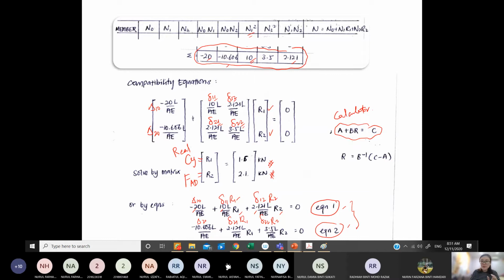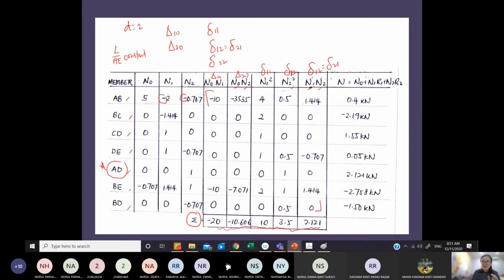Of course, here I show you an equation where you can get your axial force directly without using the method of joints. How do you do that? You need the information of the solved R1 and R2, which you obtain from here. Going back to the table, now that you have solved for R1 and R2, you substitute the real values of R1 and R2.